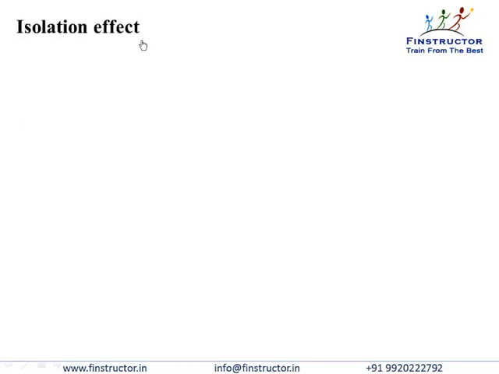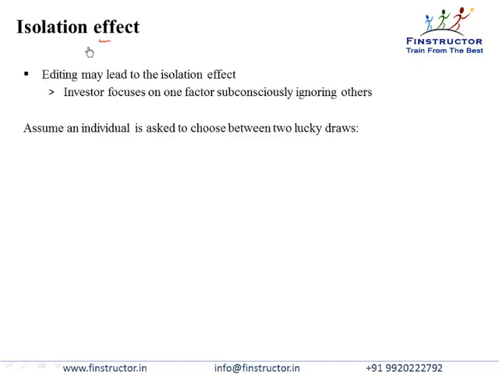Before we move on to the evaluation stage, there is one anomaly that we should be aware of that can sometimes happen while editing. That is called the isolation effect. Editing may lead to the isolation effect, which says that investors sometimes consciously or subconsciously focus on just one factor, ignoring the others.